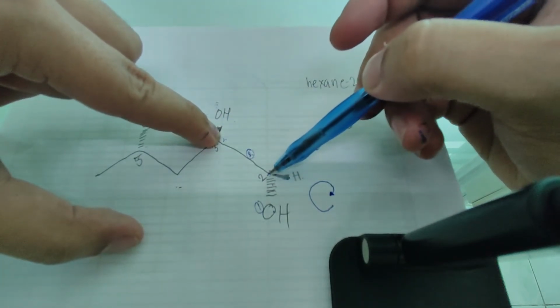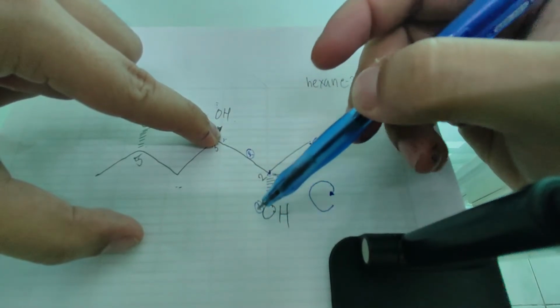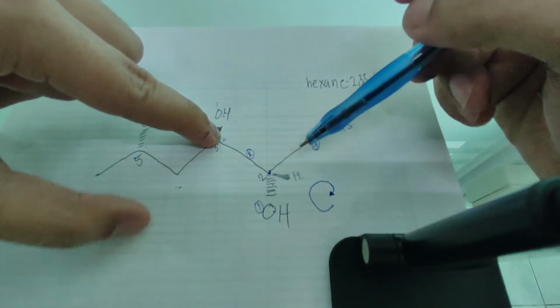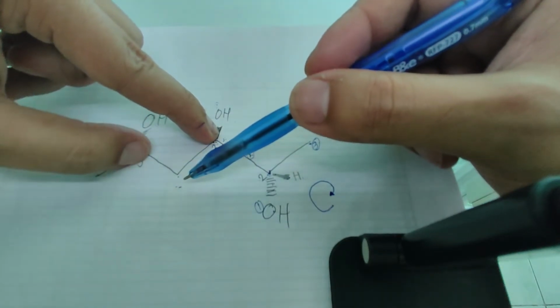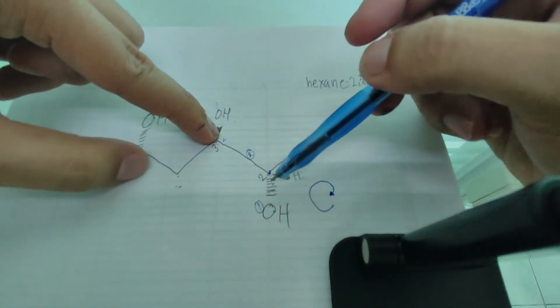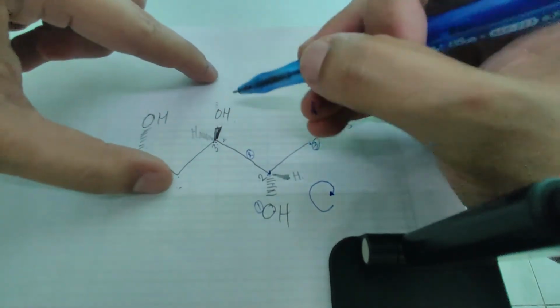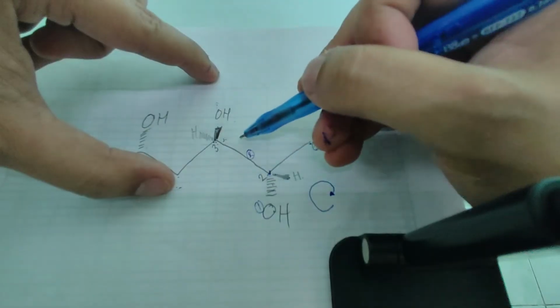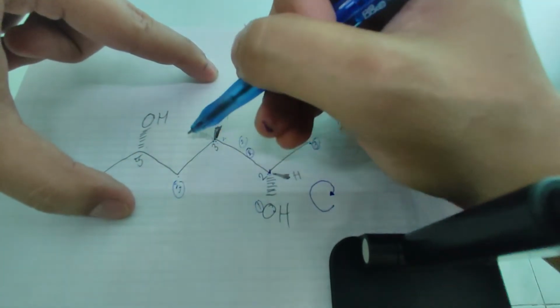So, tingnan natin, itong carbon to the right, may bond siya sa oxygen at sa another carbon. While this one, nakabond siya sa carbon lang. Not unlike here na oxygen agad at another carbon. Therefore, ang priority 2 natin ay yung carbon na nandito. 1, 2, and then this is your priority 3 and then 4.